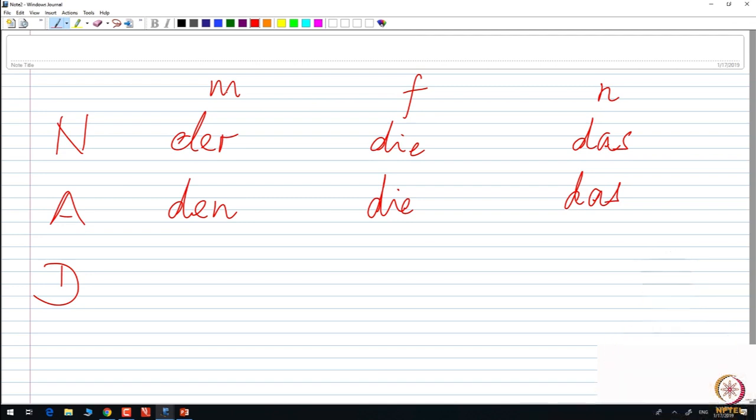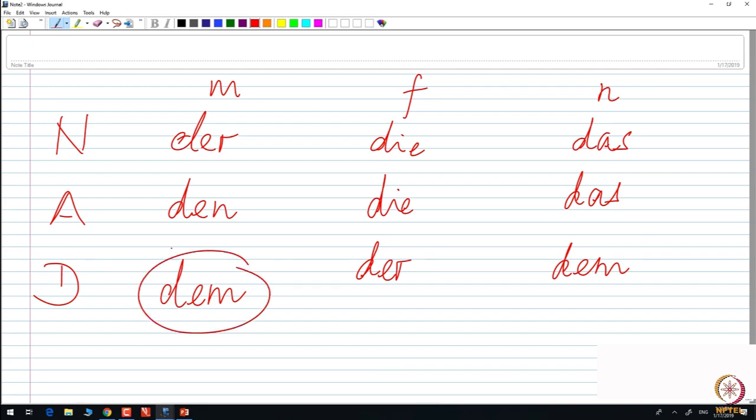Masculine dative, dem. Feminine dative, der. Neuter dative, dem. Which means what? Which means that if there are masculine nouns appearing in the dative form, then you have to use this.